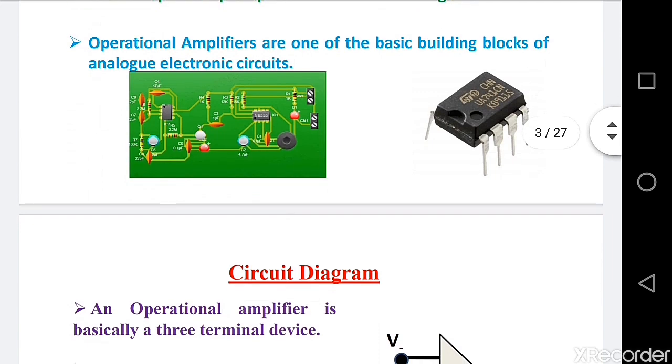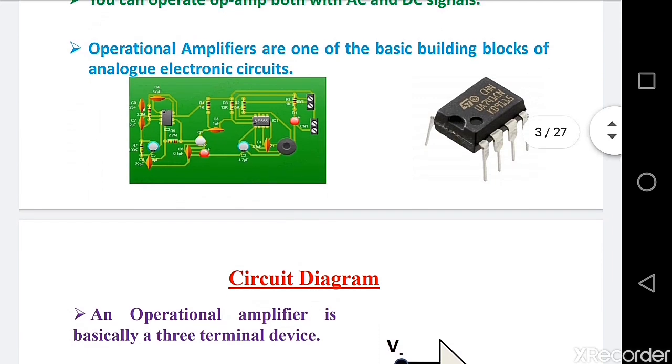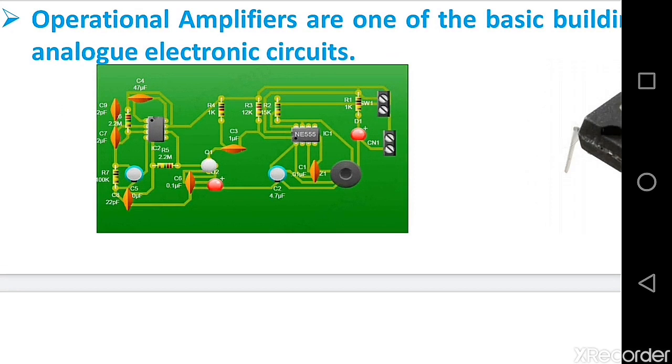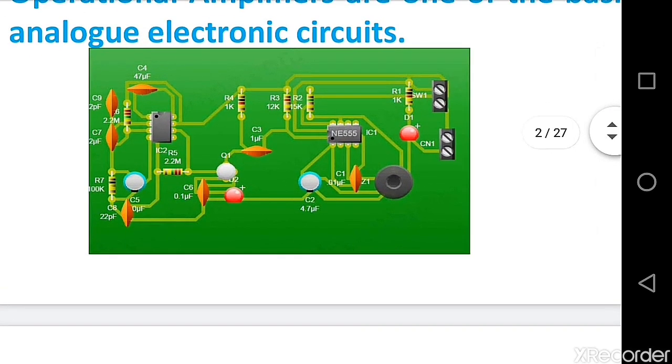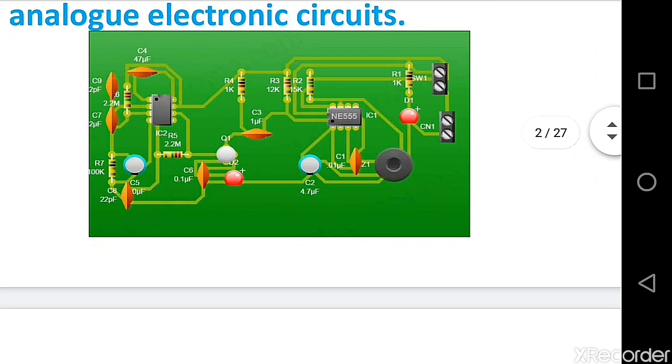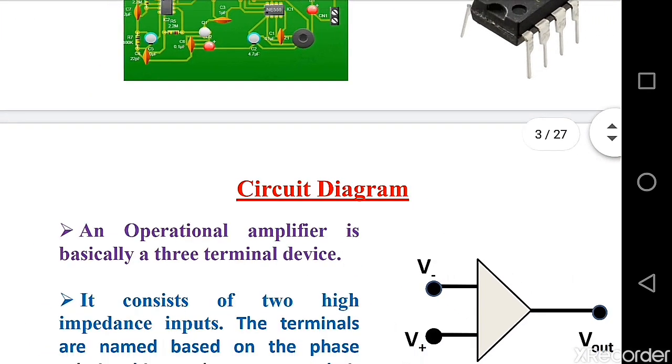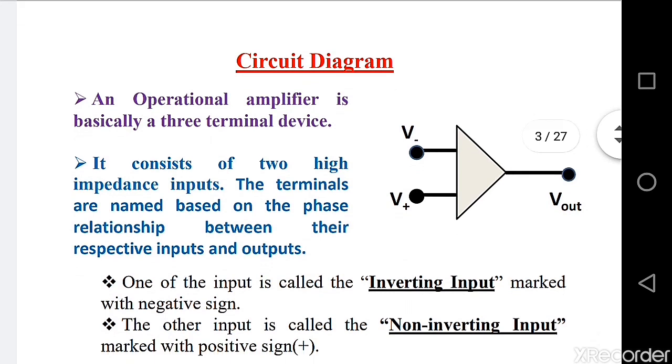Next, here we see the diagram of how the IC works. Next, the circuit diagram. Here we see the circuit diagram of an operational amplifier.